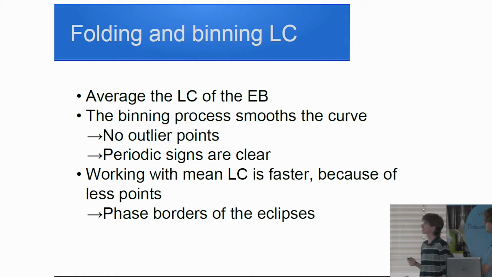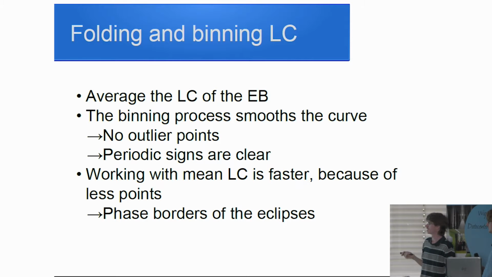Why is folding and binning a light curve important? By this folded light curve, we can get an average picture of the eclipsing binary. The binning process smooths the light curve by averaging.